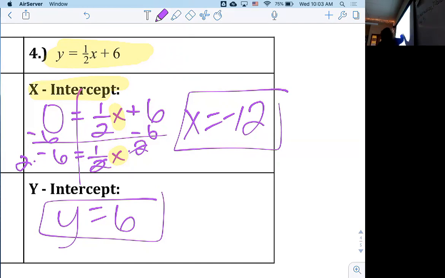So if you take -12 times a half, that's -6. -6 plus 6 is 0. So x and y intercepts, the one number is a 0 and the other number is going to be whatever it is. You are replacing it for the other letter.